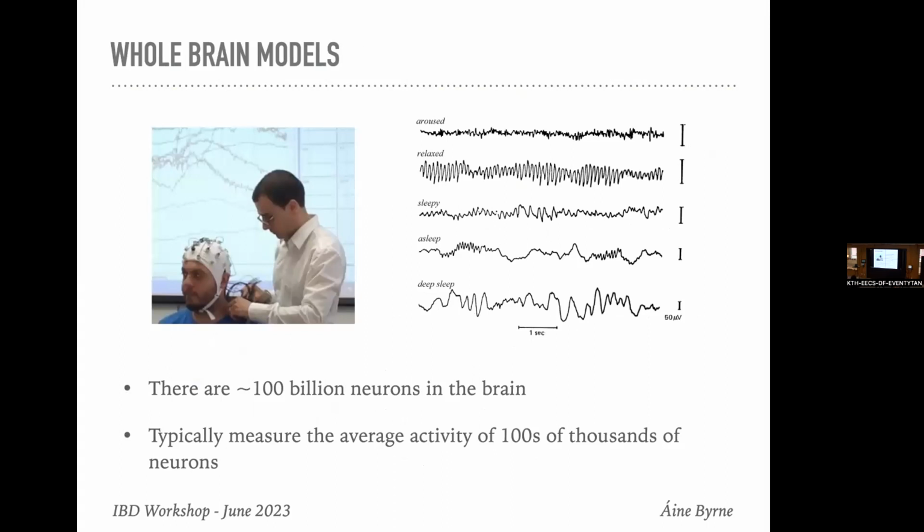You're measuring the average activity of hundreds of thousands of neurons, and the frequency of those rhythms depends on your state of arousal, which of course has been covered in great detail already today, so I won't go into details there. But the idea is to come up with a model that accurately tracks the average activity of the 100,000 neurons rather than each neuron individually.